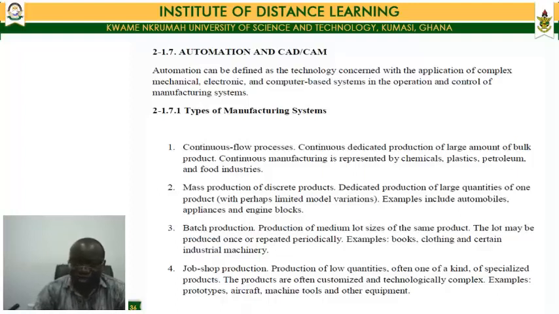You take the U.S. President's aircraft, Air Force One, which is one of a kind, and there is no other aircraft like it. So that can be considered job shop production. It's just one particular product.